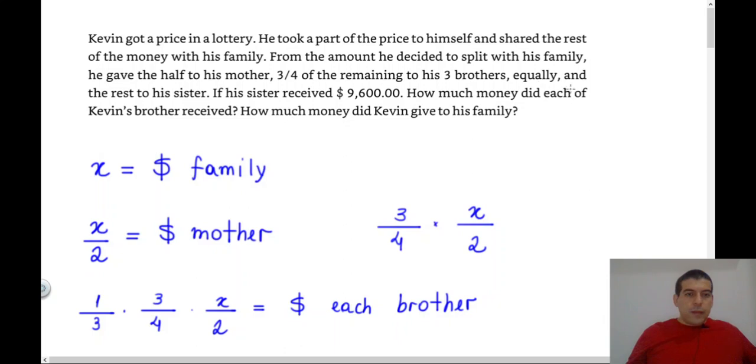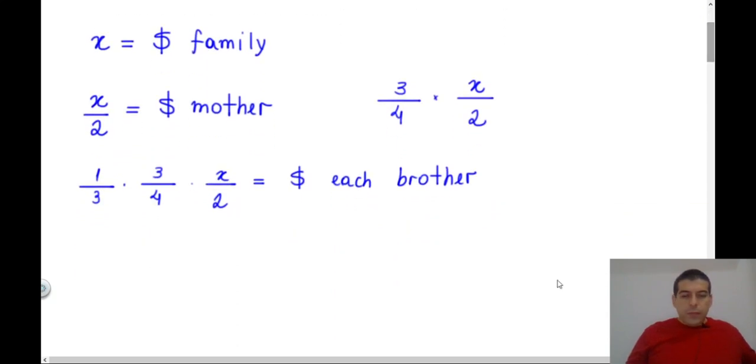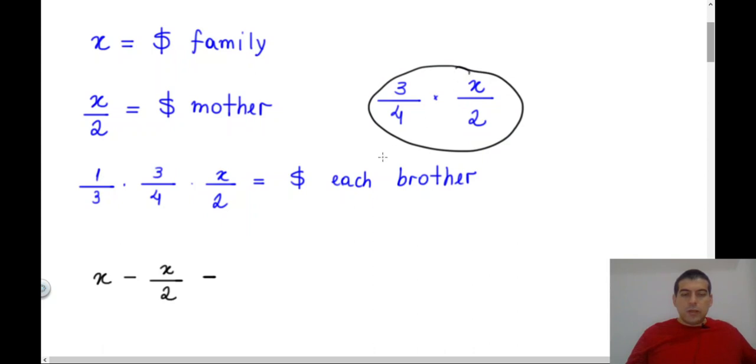And finally, the question told that he gave the rest of the money to his sister. So, what will be the rest in terms of X? Let's find out. In the beginning, as the question told, he had X, but he gave X over 2 to his mom, and he gave this quantity here to his three brothers.